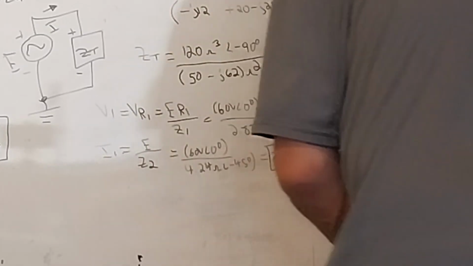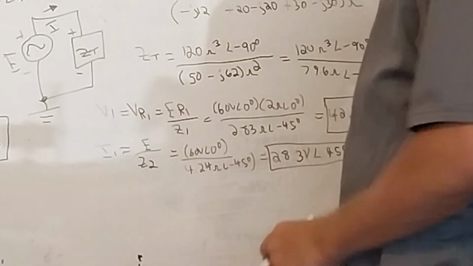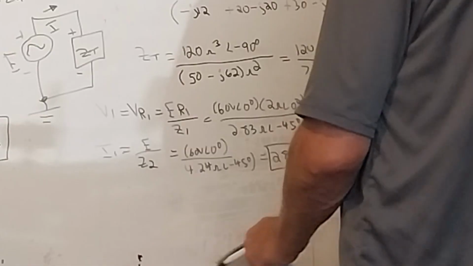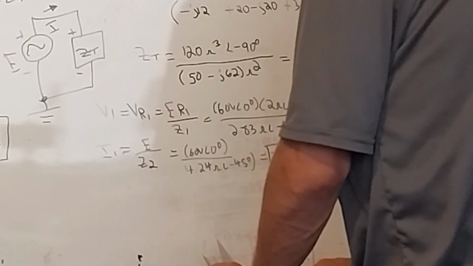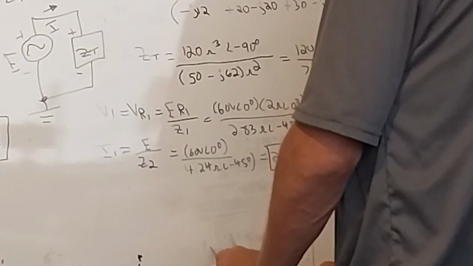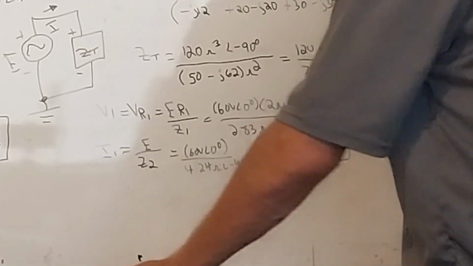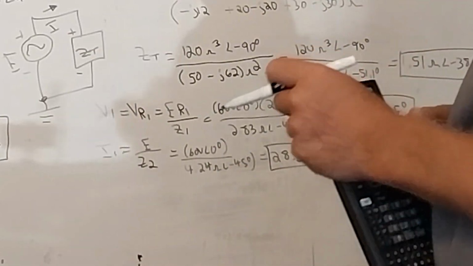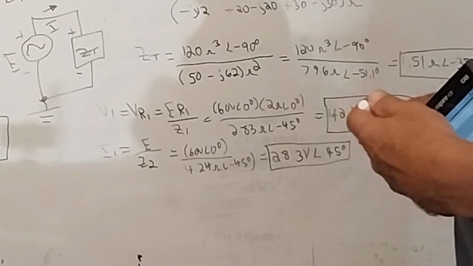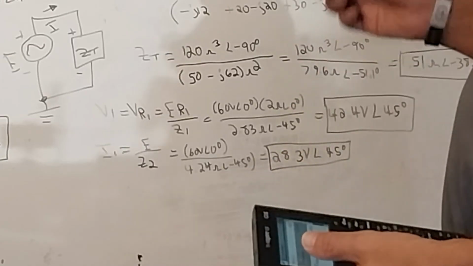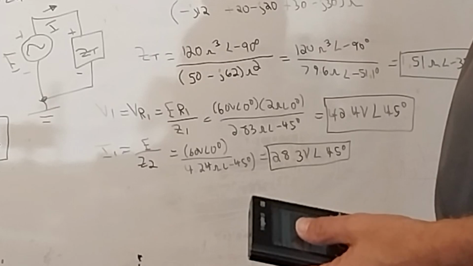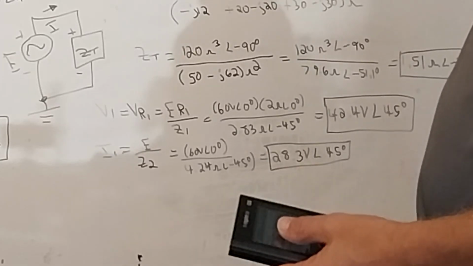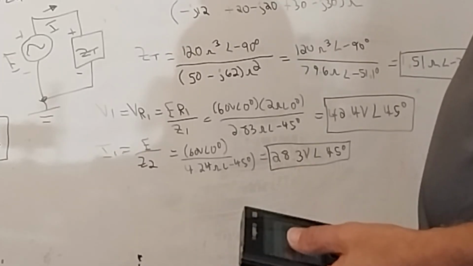Let's check the back here. Usually I have them written on a dry erase board just so I have quick clarification, but I do look in the back to make sure I got these right. Now, okay, the book is saying 14.14. What did I do wrong here? E divided by the entire impedance gives us the total current.